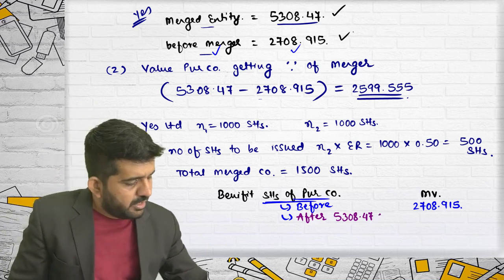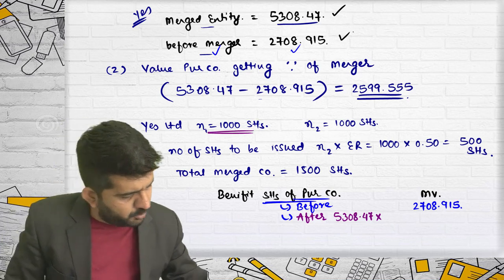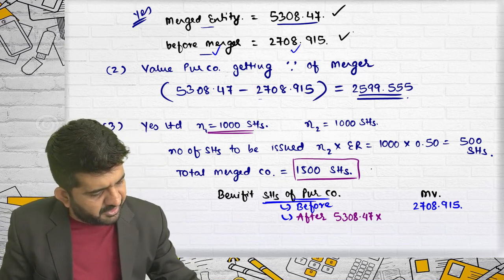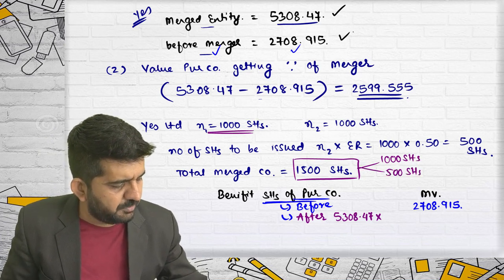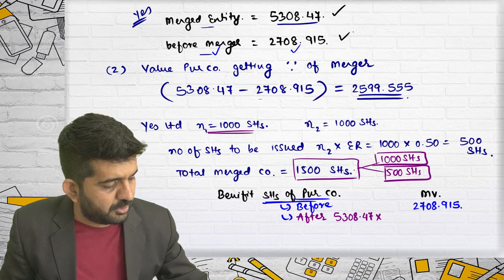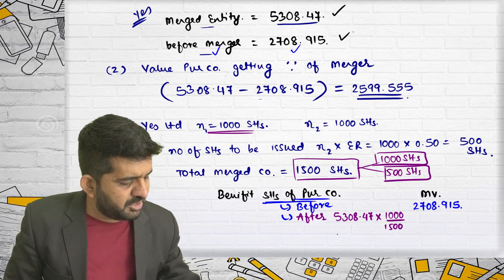That's right. How much value will be shared by purchasing company shareholders? See, out of this 1500, believe me, 1000 shares are of the purchasing company and 500 shares are of the selling company's shareholders. Right now we are finding out only the purchasing company's shareholders.